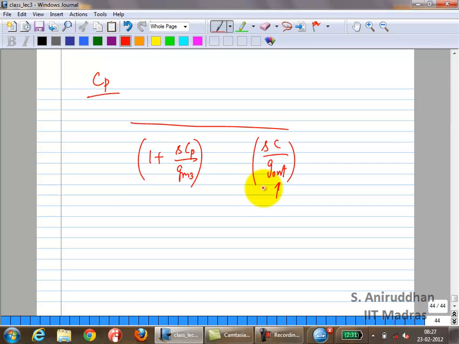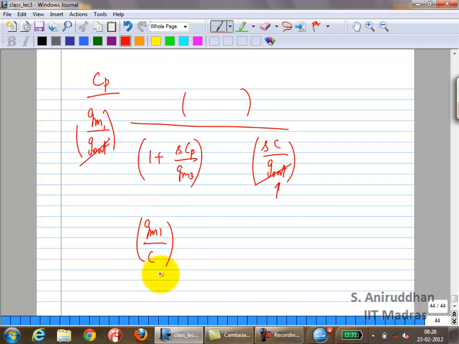Correct? So ideally you want GM1 over G out, this is the DC gain, times some zero you have, over some pole, right? But now what you actually want is this. If you cancel out these two, what you want is actually GM1 over C, that is your integrator which you want to achieve, correct?